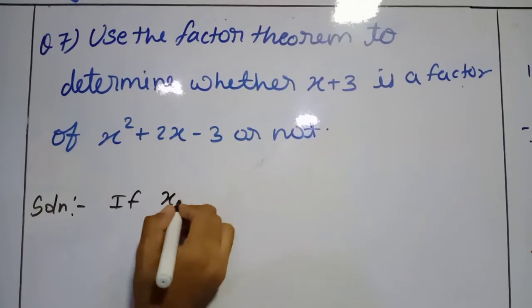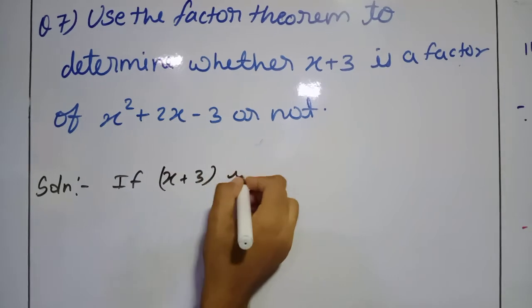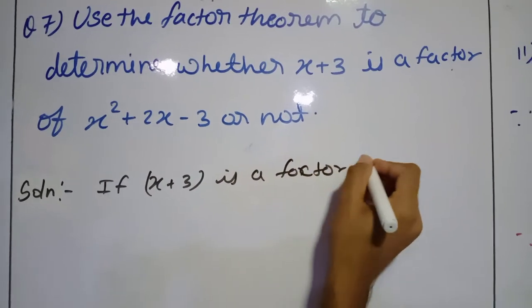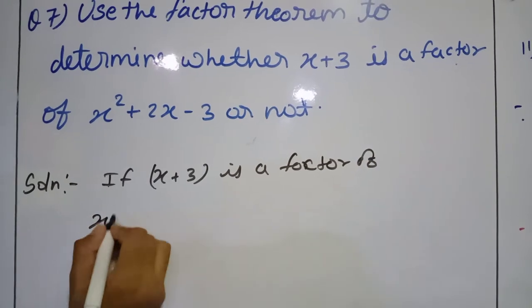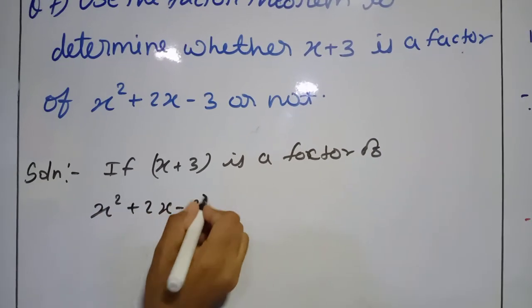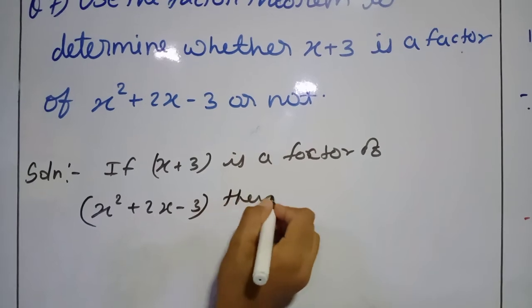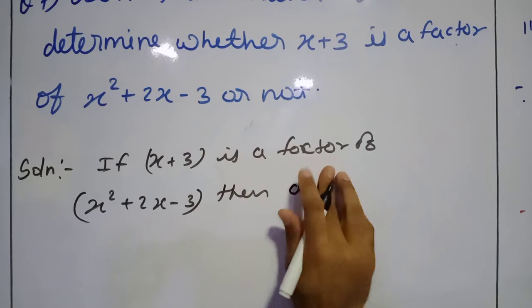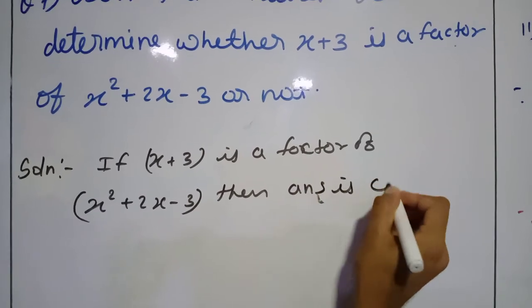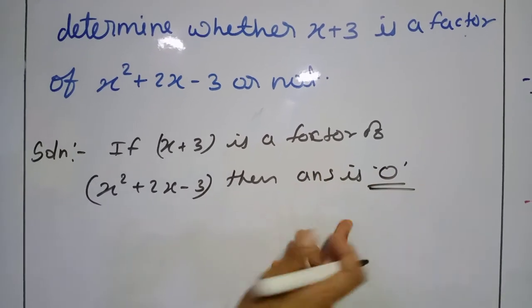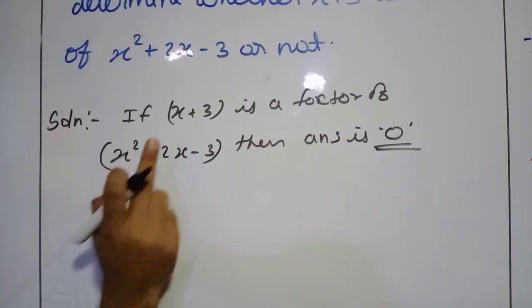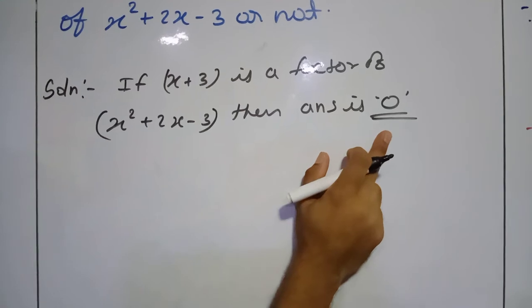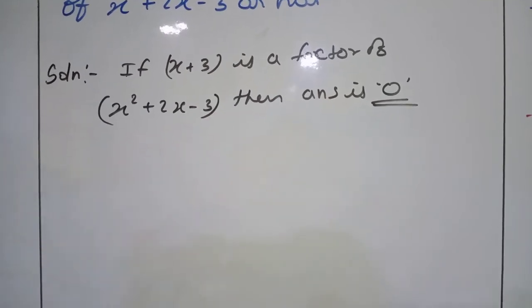If x plus 3 is a factor of x square plus 2x minus 3, then we get the answer 0, or we can say the value is 0. If this is a factor of this polynomial, we get the answer 0. So let's start.